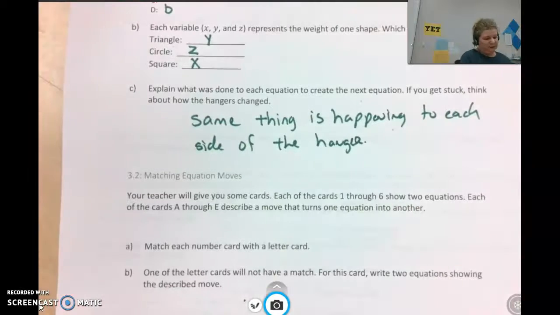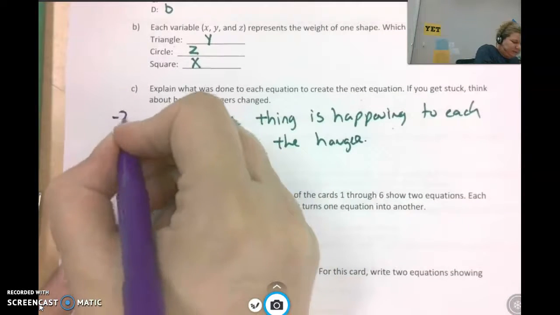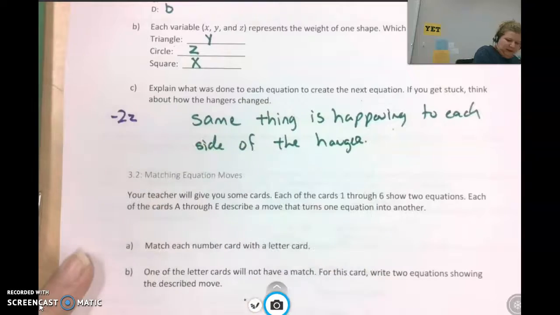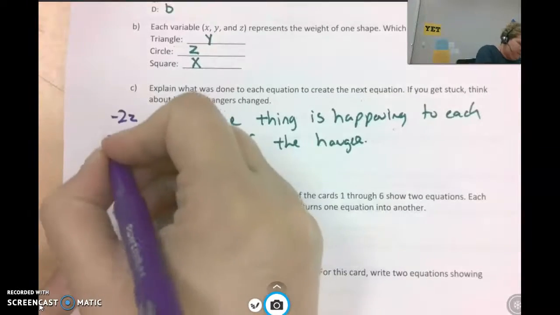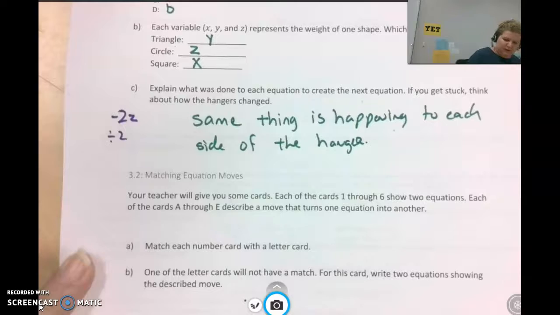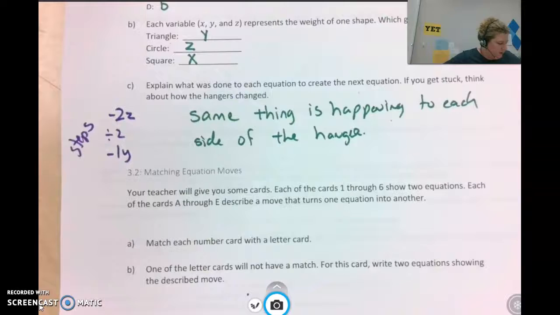And if we want to, we can even say to each side of the equation. So first we subtracted 2Z, then we divided by 2, then subtracted 1Y. These are the steps that they took.